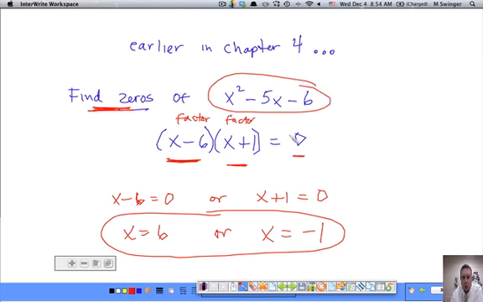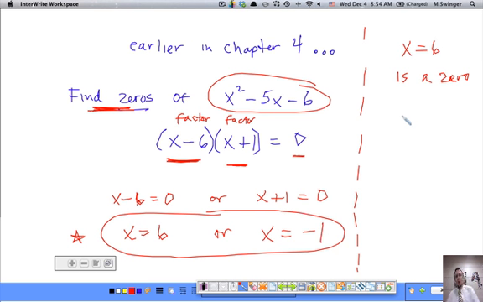Now what we're going to do is go backwards. Here's what I'm going to do. I'm going to say x equals 6 is a 0. I want you to come up with the factor.